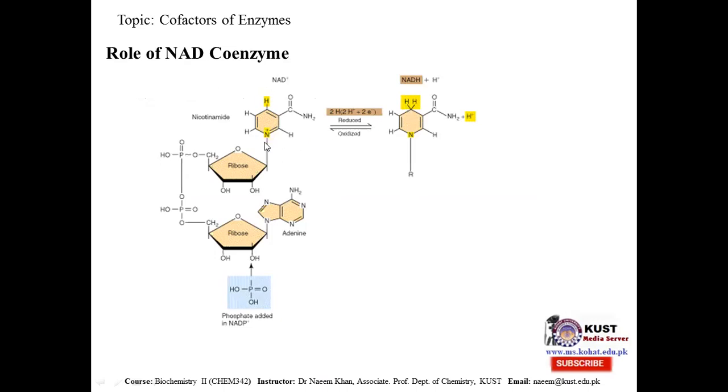This is highlighted, and when it accepts hydrogen, it becomes like this. So NAD is an organic coenzyme. It is helping the enzyme, lactate dehydrogenase, by providing hydrogen. So the enzyme is helped to catalyze the reaction, and this is another type.